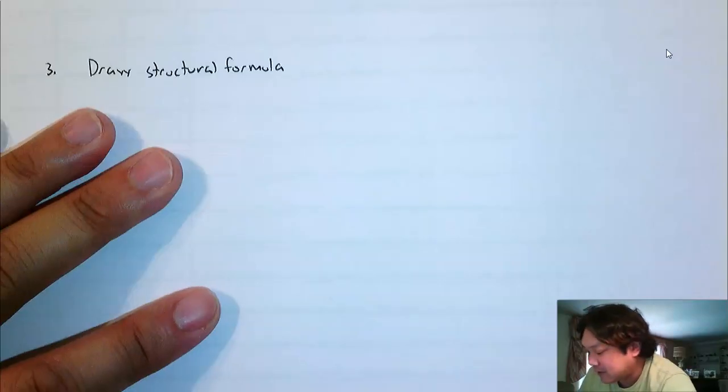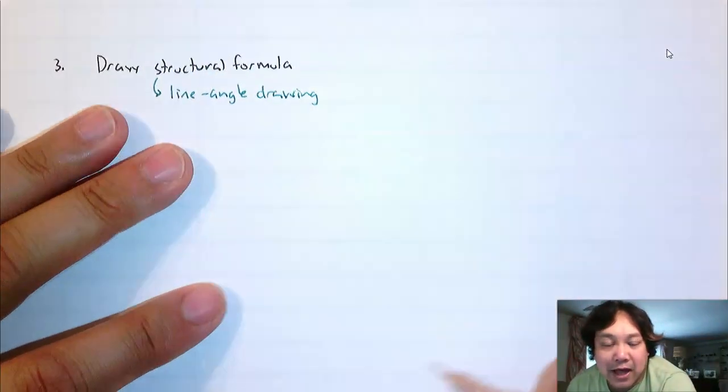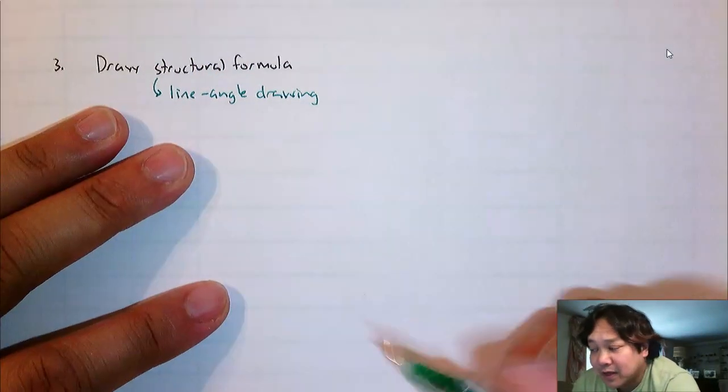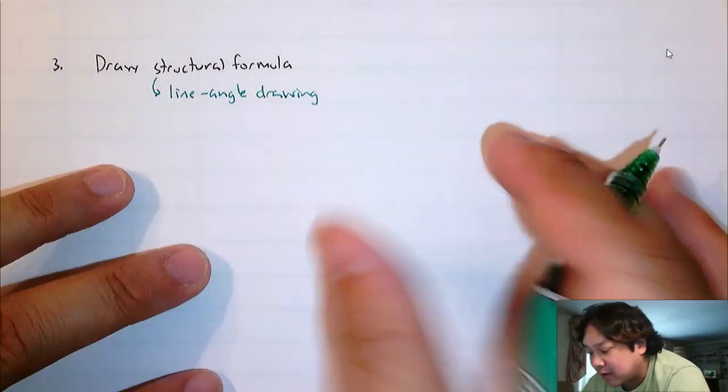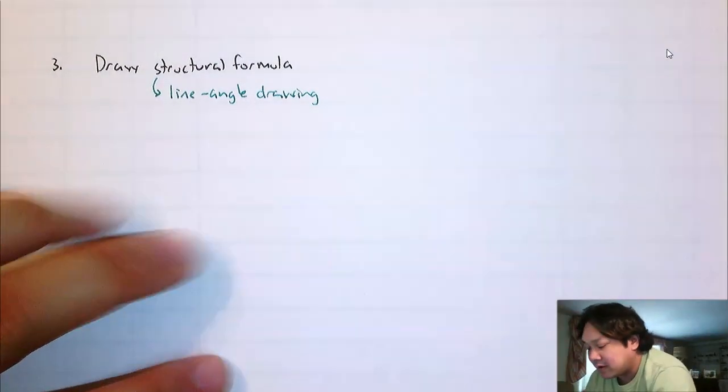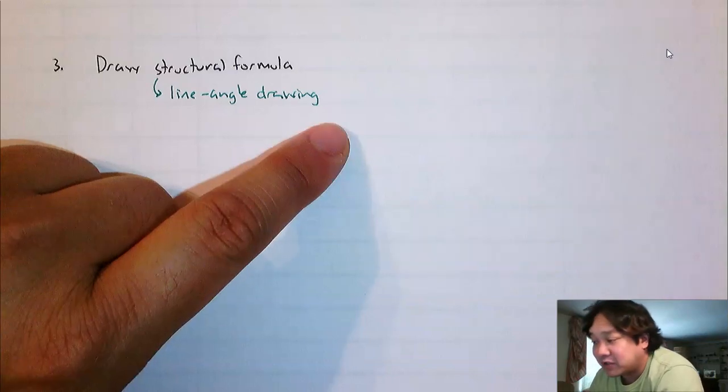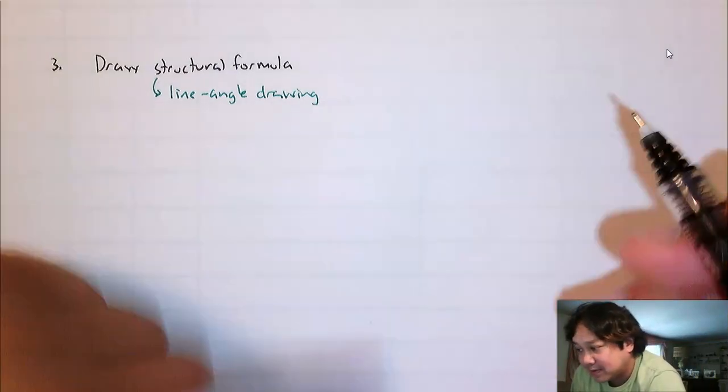When I say structural formula, it's just the molecule, and I think of this as the line angle structure, or line angle drawing. We're dealing with alkenes, so most likely there's not going to be any chiral carbons, so I should not be seeing any wedges and dashes for any of these problems.